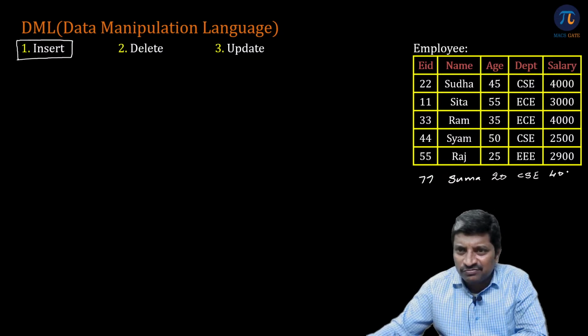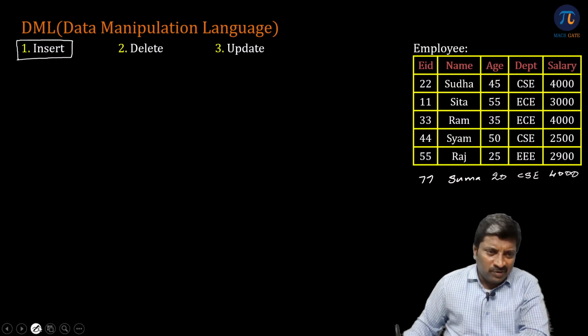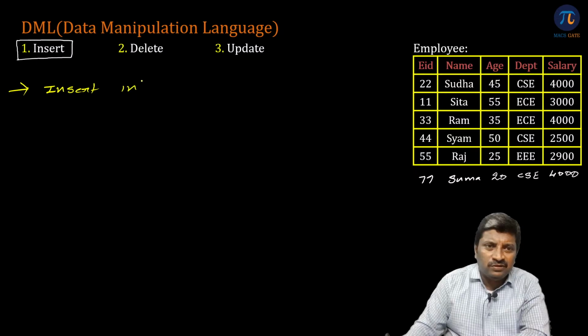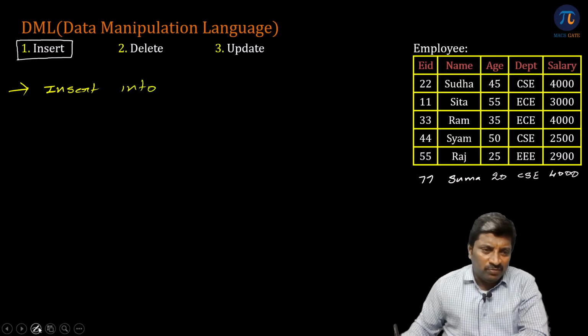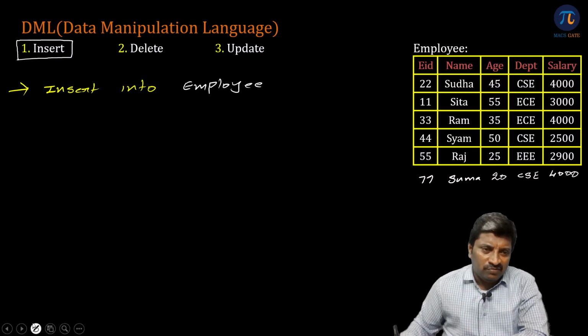Our salary is 4,000. Then what should I do? The command for insert is insert into table name. Insert into both are keywords, sir. What is the table name? Employee.